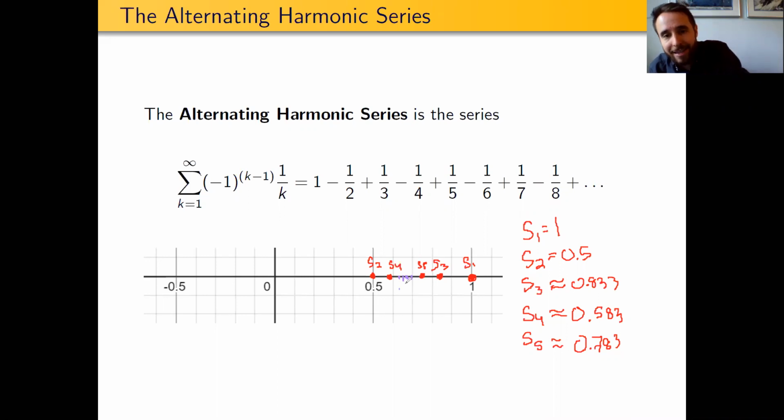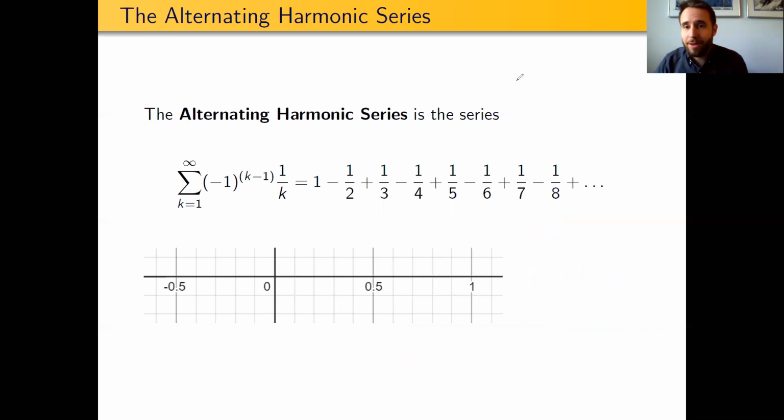And so in fact, this infinite series will converge to some number in here. And it turns out the alternating harmonic series converges even when the original harmonic series diverged. Really interesting juxtaposition of the two. And we'll explore that more in a subsequent video.